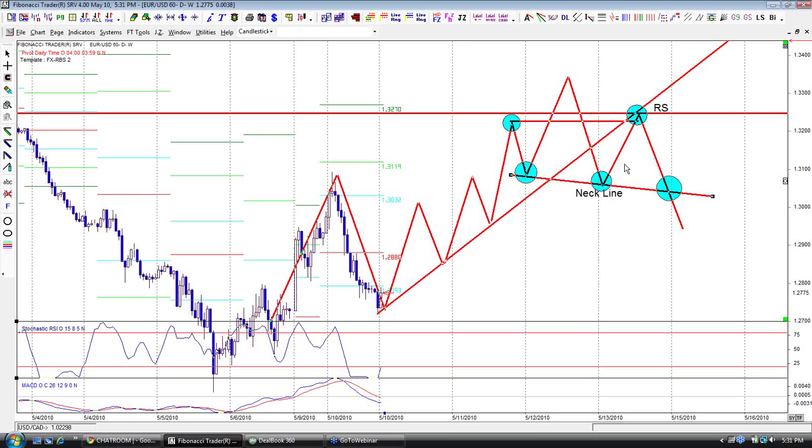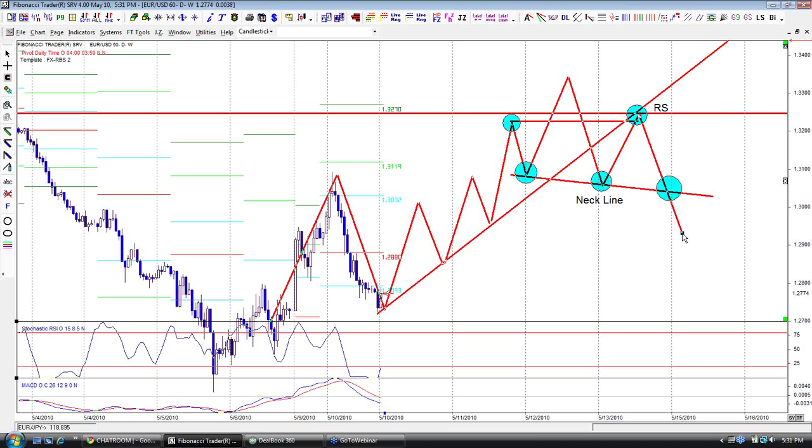But I like entering my head and shoulders patterns at the right shoulder. Most of the time, by the time price comes all the way down to the neckline, I'm already gone. I already have taken the profit. I'm out of the trade.